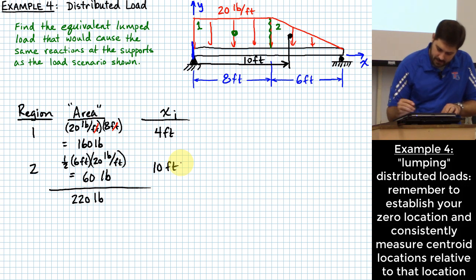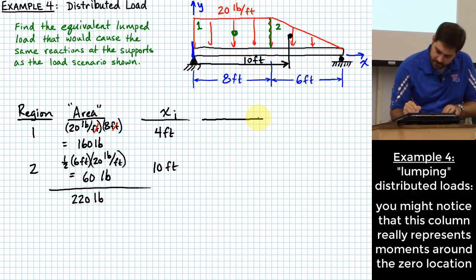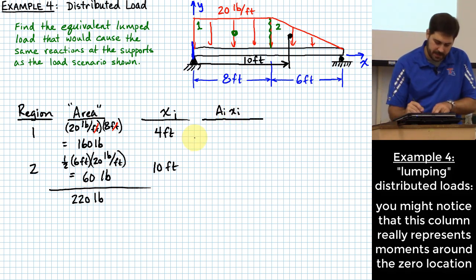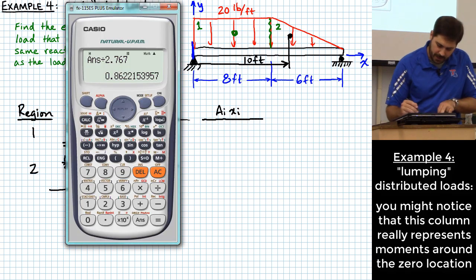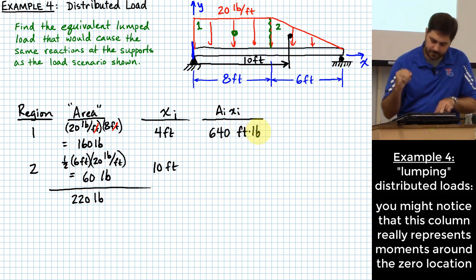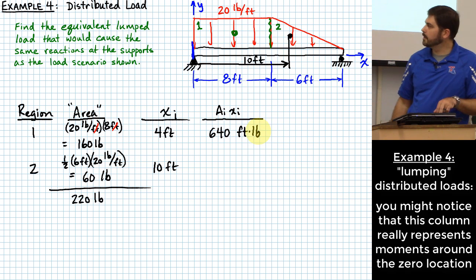Okay. Now over here, when I multiply these together, I'll have 4 feet times 160 pounds. Okay, 640. Okay, what would my units be there? Foot-pounds.